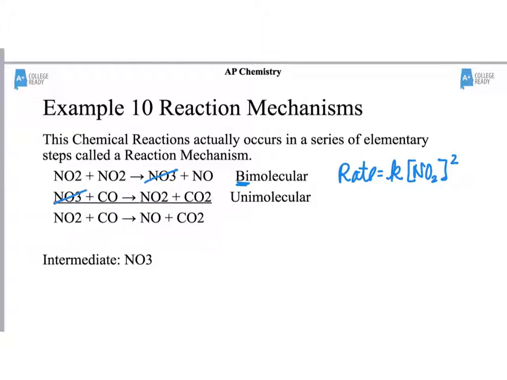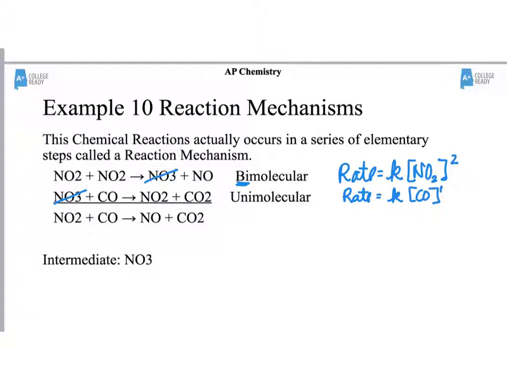For the second one, we call it unimolecular because it's just the carbon monoxide. So the rate is equal to k times the carbon monoxide to the 1, because there's only one carbon monoxide in this step. And that's a unimolecular reaction. So there's the rate law for that step in the series.